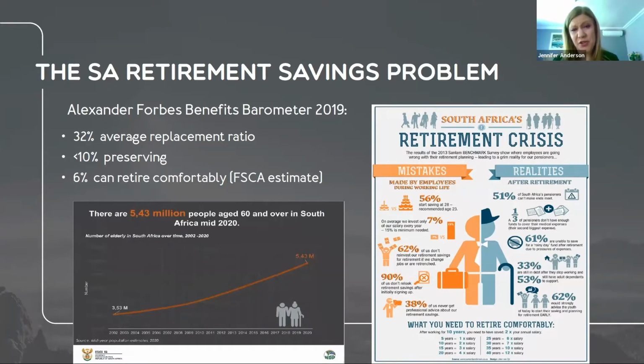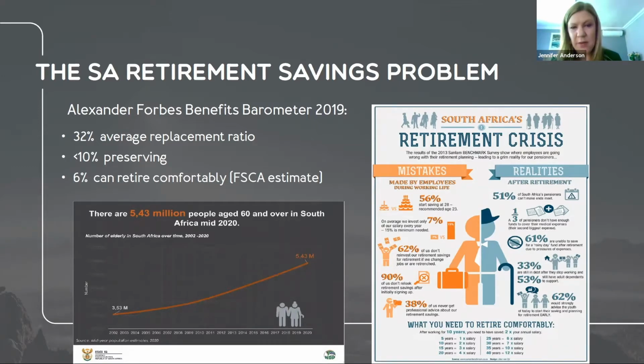I'm certainly not going to talk you through all of the busy things on this slide, and you will be receiving the pack afterwards. But a few things really jump out at me when I look at this type of information. The first is a very, very poor replacement ratio. The 2019 Benefits Barometer, which I believe measures all of the people that are in Alexander Forbes retirement structures, which is an enormous amount of people because they're a large organization in that space.